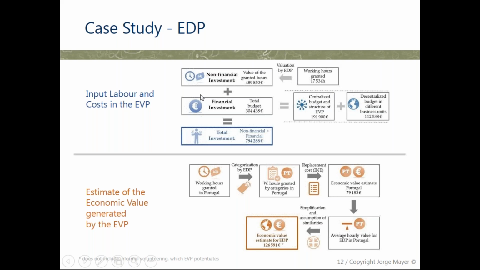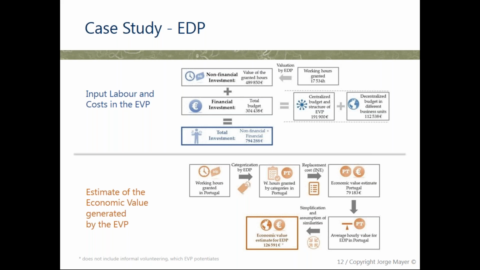Now, going up to the next layer, the economic value. We took the working hours that were granted and categorized them, which means we separate them according to the type of work that is done. We separate the teachers from the painters, from the builders, from the board members, and all of these categories have an average cost defined by our Portuguese national body of statistics.